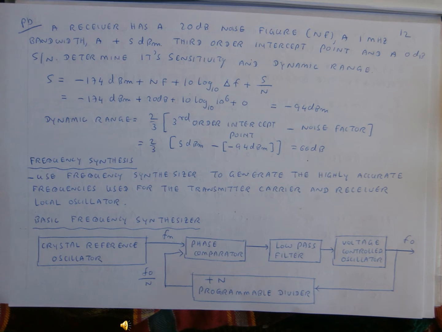The reference frequency and the programmable divider output are combined in the phase comparator and compared. The comparator output goes through the low pass filter, then passes through the voltage controlled oscillator, which produces the final output frequency. The output frequency is taken out and fed back to the programmable divider. So this is the frequency synthesizer.